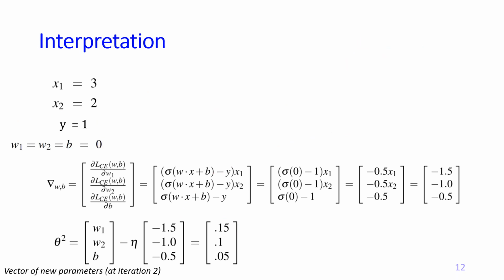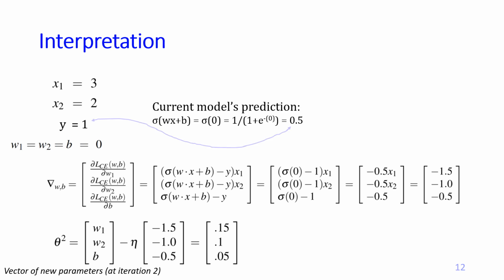So let's make an interpretation about why the weights that we start from 0 are updated to become more positive: 0.15, 0.1, and 0.05. We start by looking at the current model's prediction. Using these weights and the bias term, our current model prediction, which can be calculated from sigma of Wx plus B, is 0.5. But the actual label of that instance is 1.